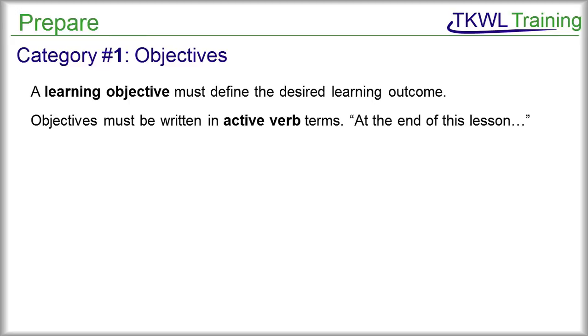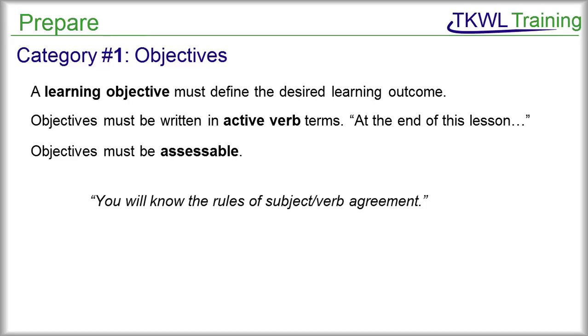They have to be written as active verbs, something that the student will be able to do or perform or a skill, and at the same time, they have to be testable. We have to find out whether the student has actually developed greater expertise in that skill or performance area.